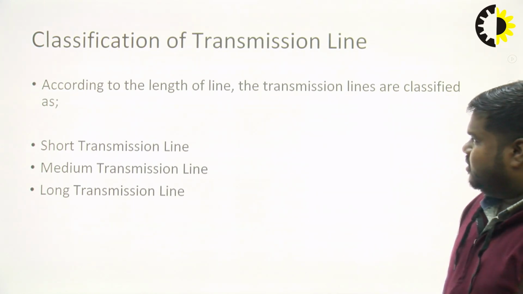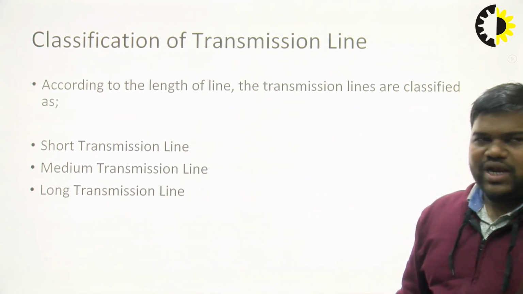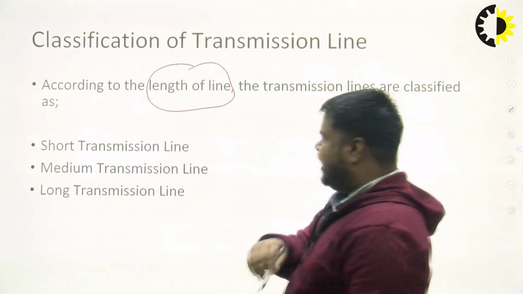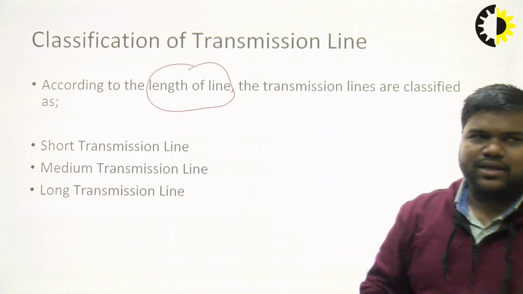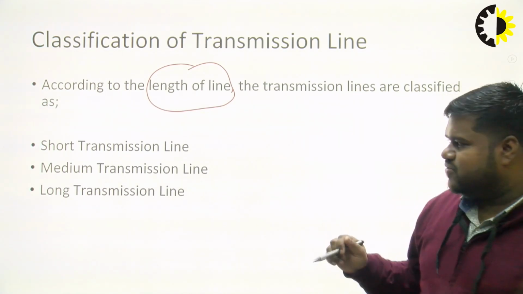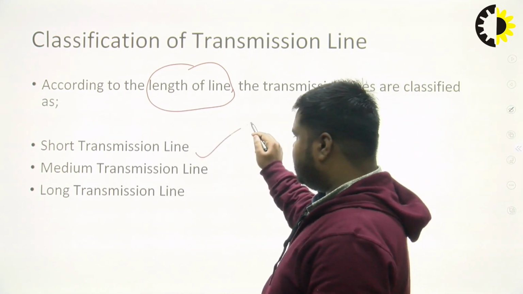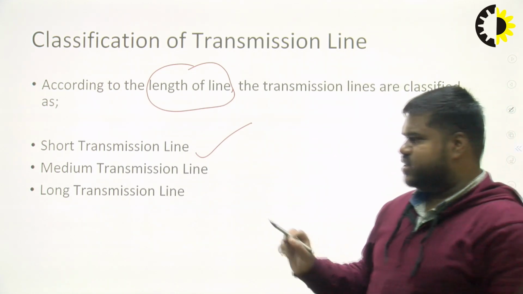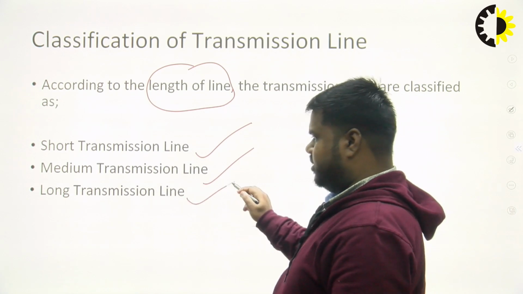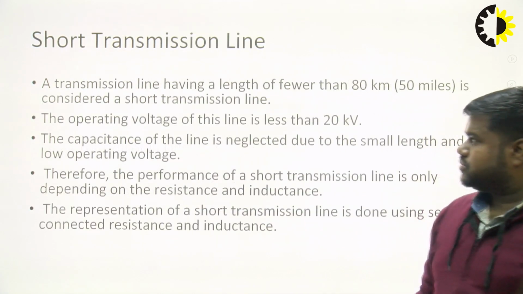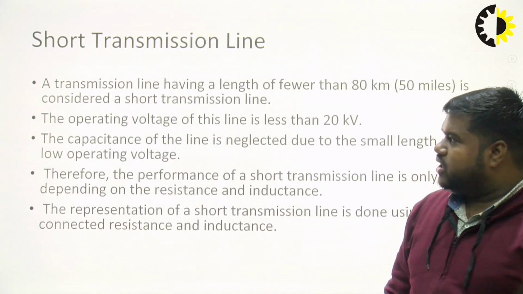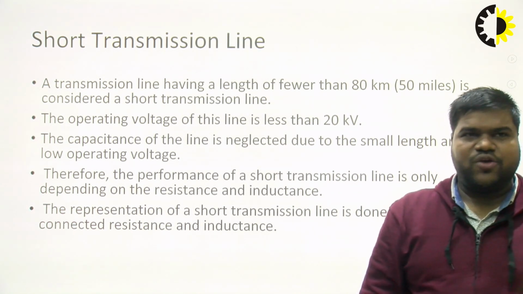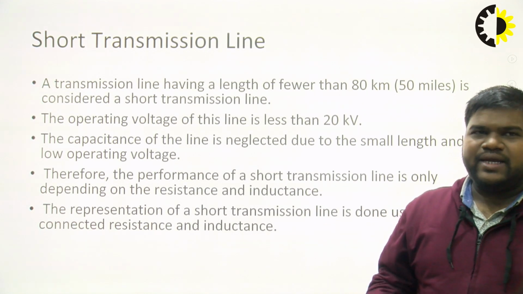As I have discussed, according to the length of the line, transmission lines are classified as: first, short transmission line; second, medium transmission line; and third, long transmission line. A short transmission line is a line having a length of fewer than 80 kilometers.